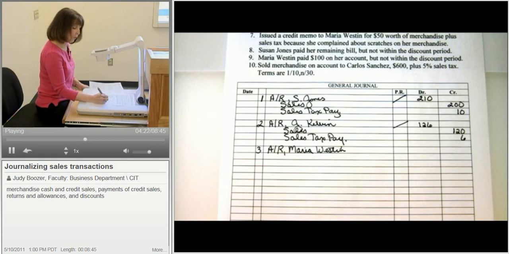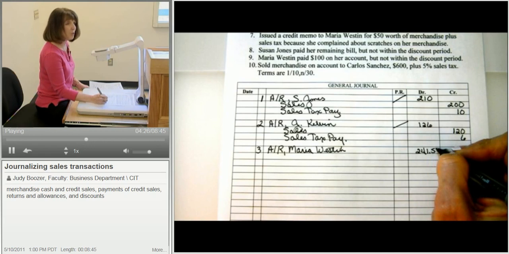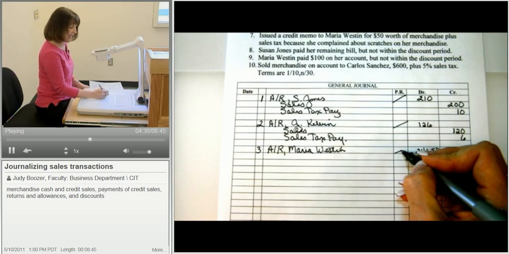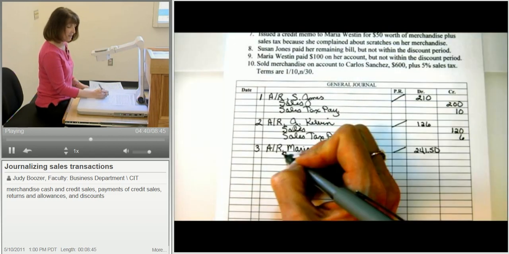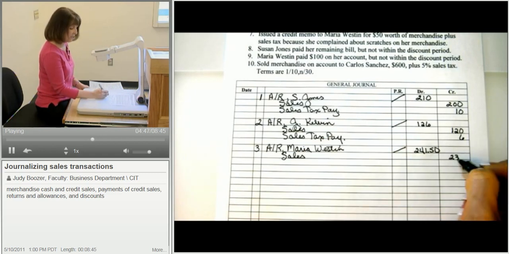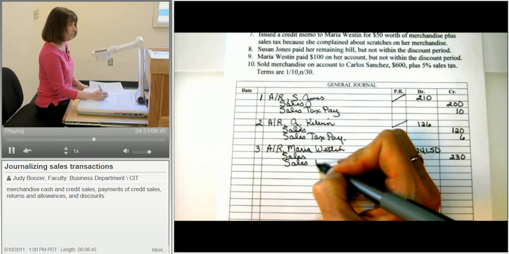Excellent. $241.50. It includes the $230 sale plus the appropriate 5% sales tax, which will give you $241.50. And again, it's sales for the amount without the sales tax and sales tax payable for the amount of tax that we apply.